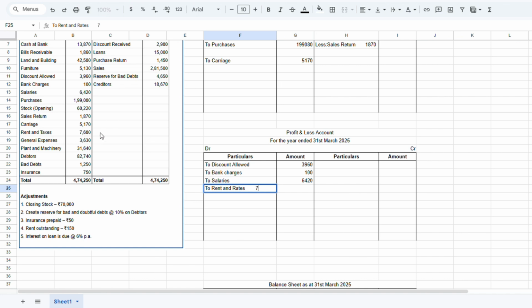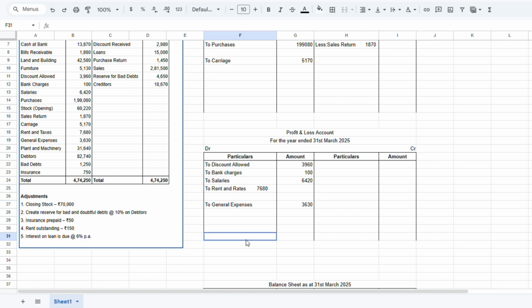Next, general expenses 3,630. General expenses is also an indirect expense. So, profit and loss account, to general expenses 3,630.